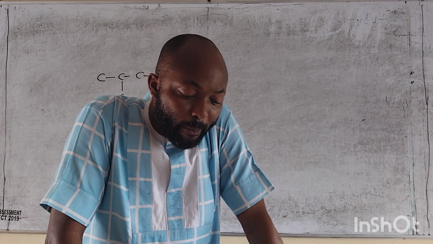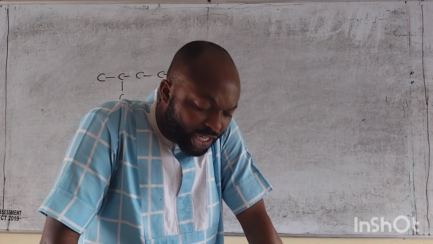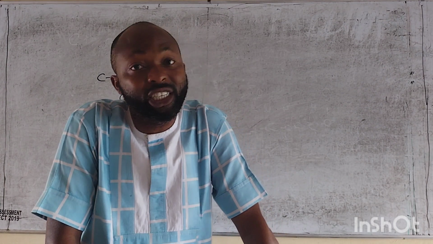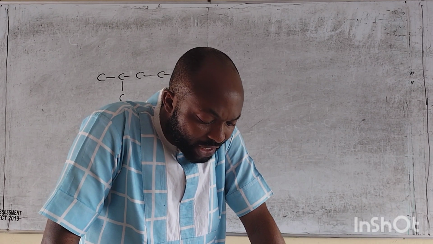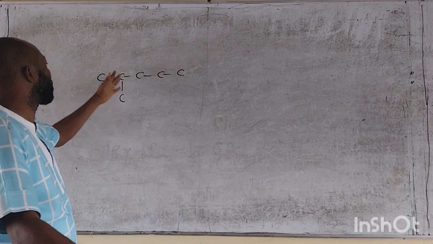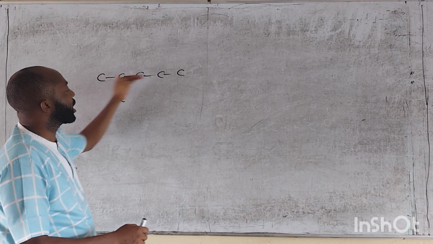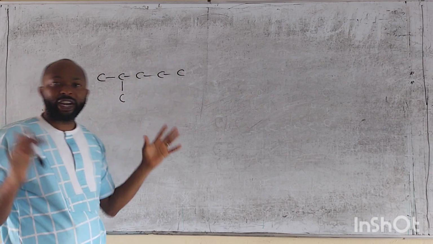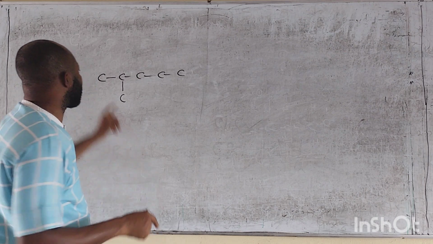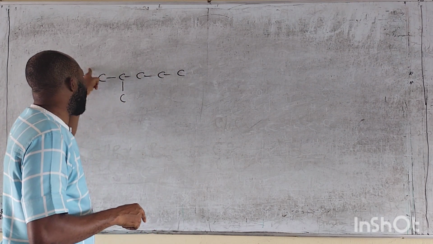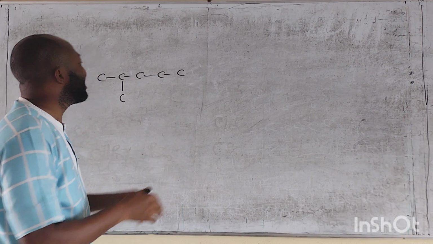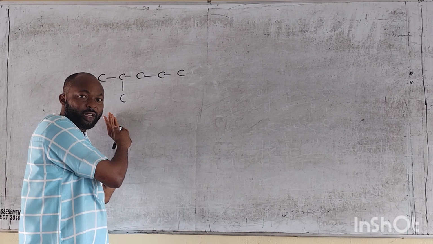Rule 2: assigning numbers serially to the carbons in the parent chain, starting from the end nearer to the first substituent, the side chain. So let's see a practical example. We can still use the one I have given here. After identifying our parent chain, that's rule number 1, rule number 2 is we should assign numbers to it, starting from the end nearer to the first substituent.